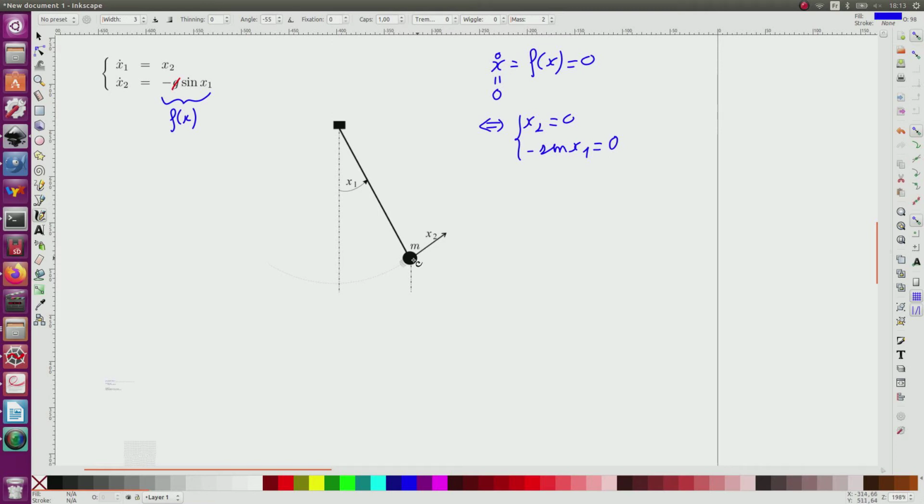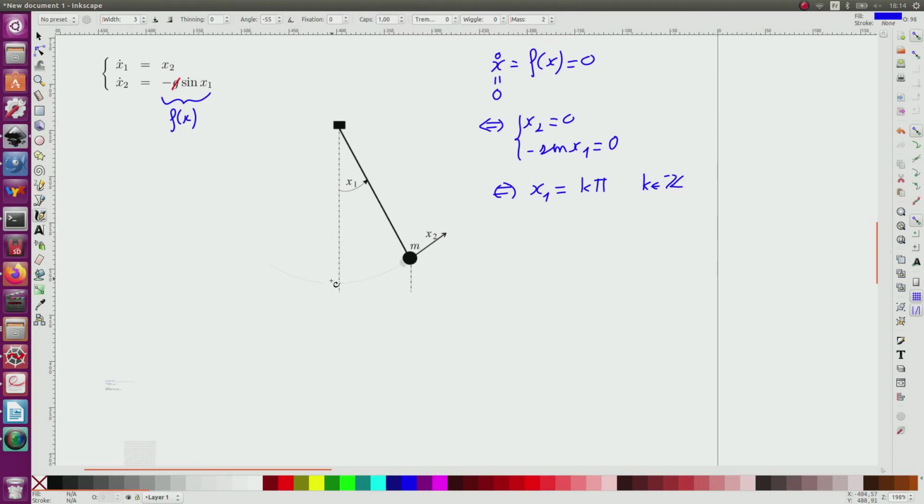Of course, the speed of the pendulum is 0, so x2 is equal to 0, but also, since the sine is equal to 0, it means that either x1 equals 0 or equals pi. So equivalently, x1 is equal to k times pi, where k belongs to Z.